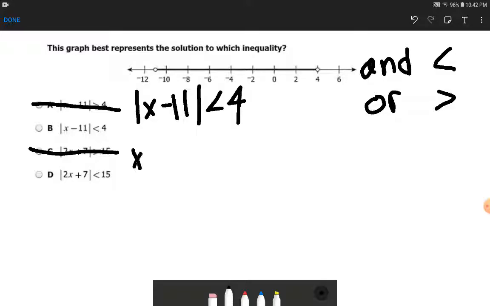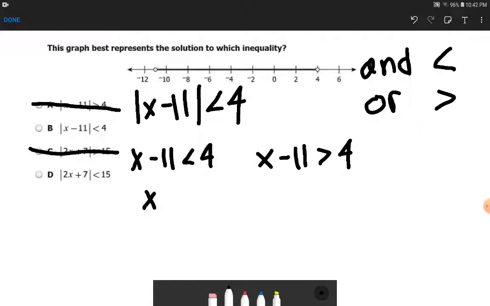Get the two equations, x minus 11 is less than 4, and x minus 11 is greater than negative 4. Solve that by adding 11 on both sides, we will get x is less than 15 and x is greater than positive 7.